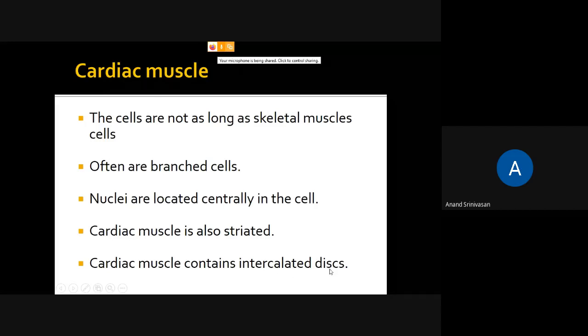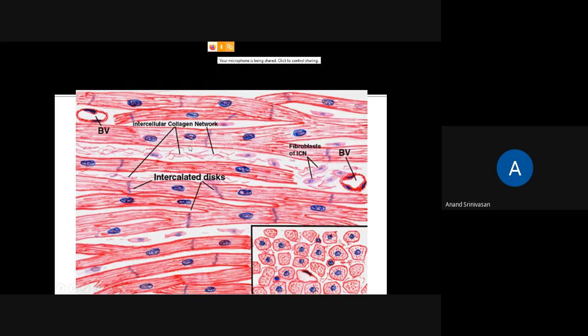Now we will see the picture. Here you can see these are tubular structures, and they are branched, whereas skeletal muscle was not this branched. There were not so many branches.